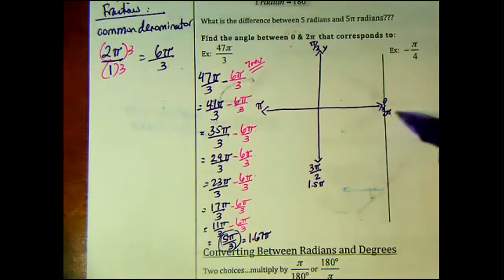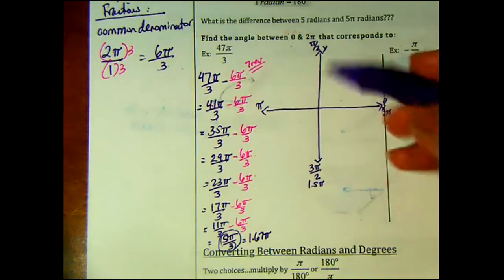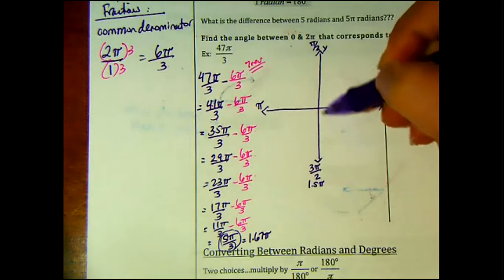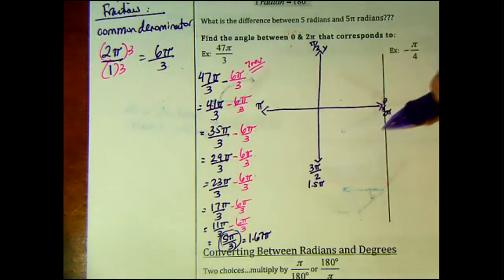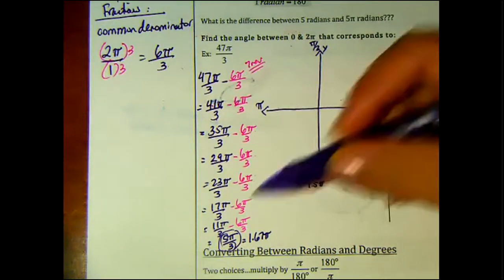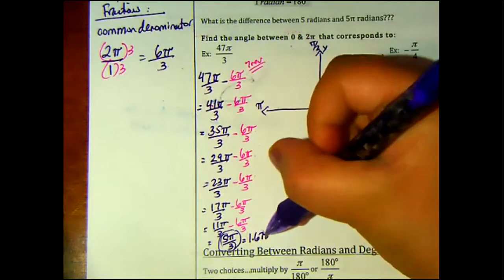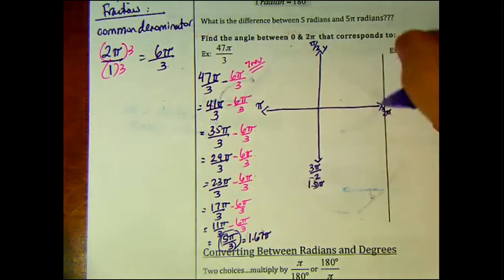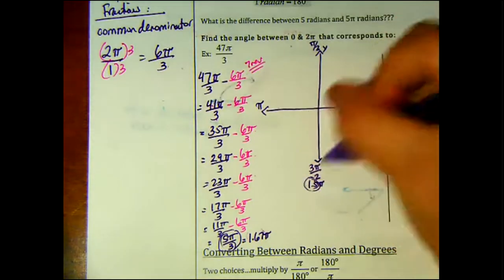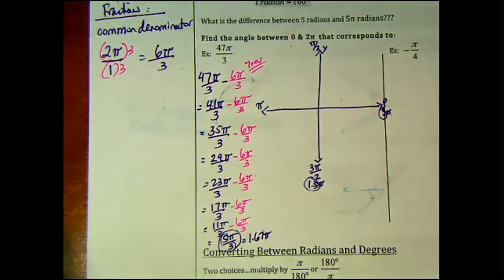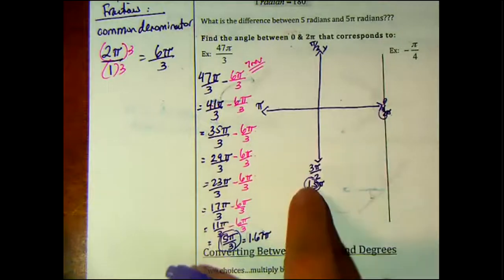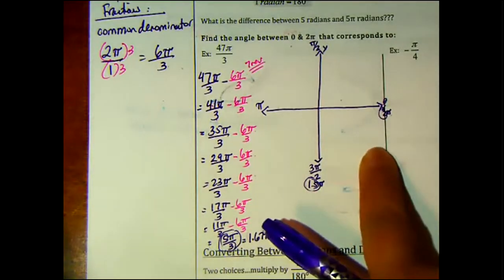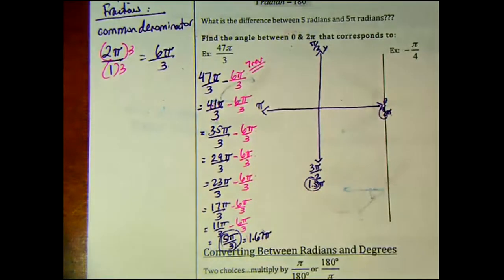And this is 2 pi, so 1.67 is going to be somewhere around here between 1.5 and 2. I hope that made sense, okay? So you figure out the decimal coefficient, okay, in front of the pi, and then you determine what it's between. So if it's greater than 1.5 in this case, then we're going to be in quadrant 4 here, okay?